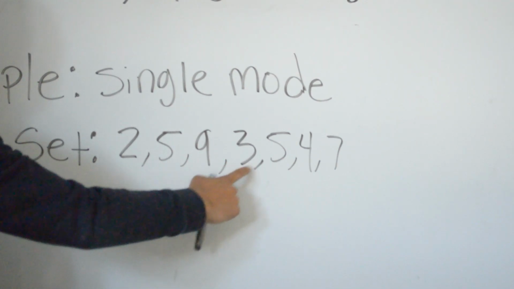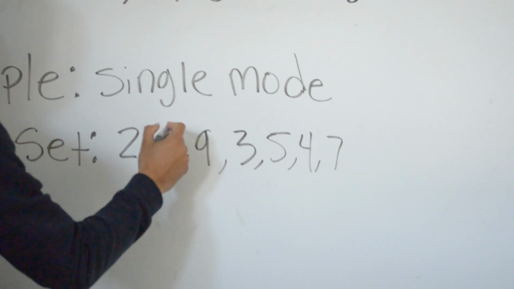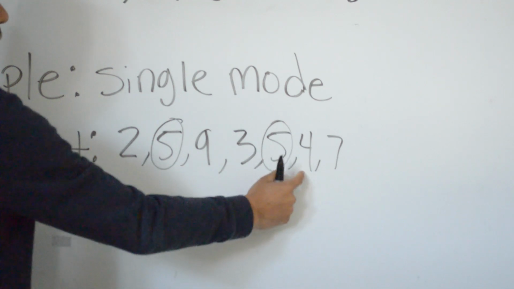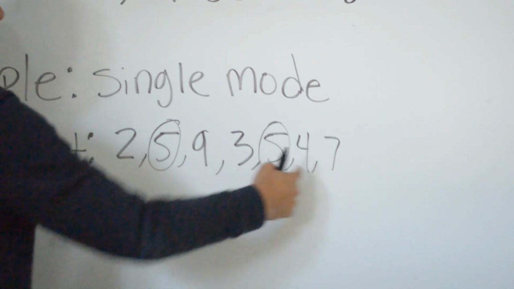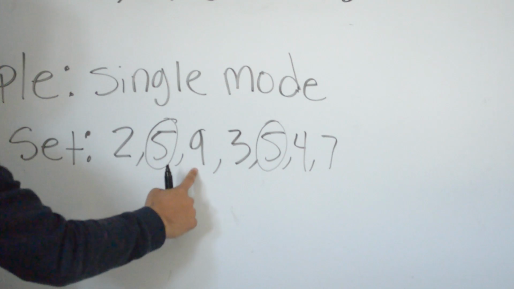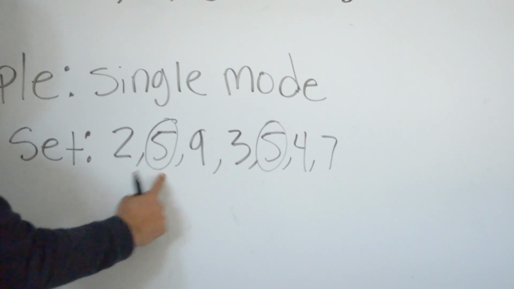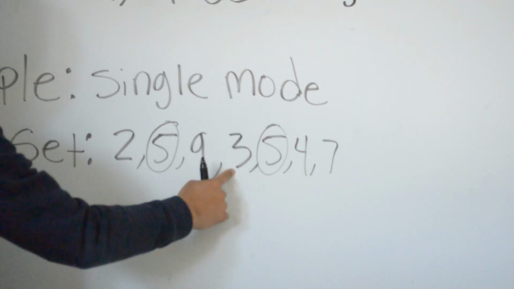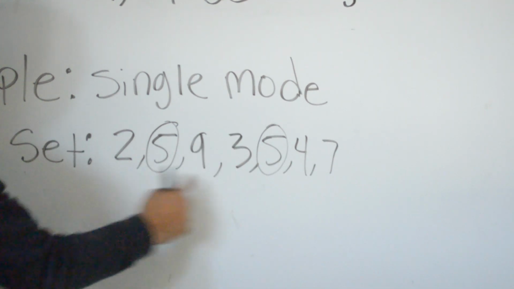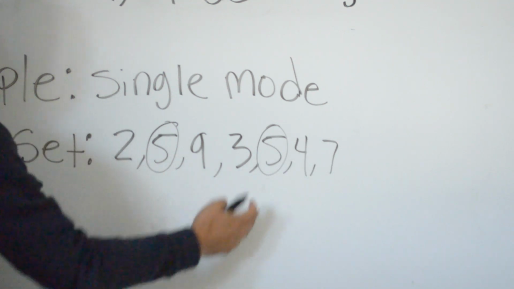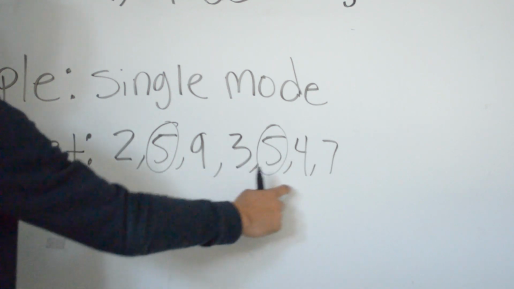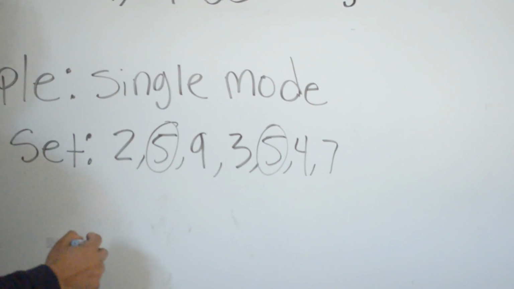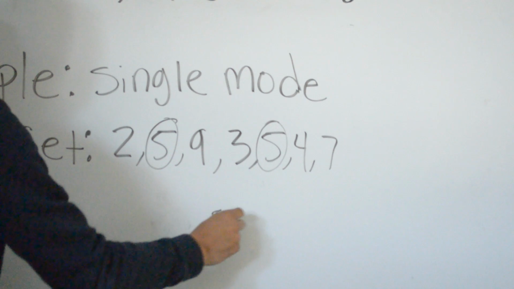No 5, no 5, but I find another 5. So what I'm going to do is circle 5, and circle 5. There's 4, no, and 7, no. Look at 9. There's no 9 here, no 9 here, here, here, here, or here. Leave it alone. 3, no, no, no, no, no, no. 4, no other 4s in the data set, and there's no other 7 in the data set. So our mode is going to be 5.